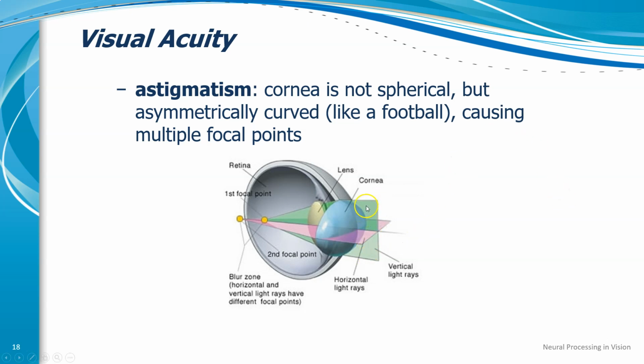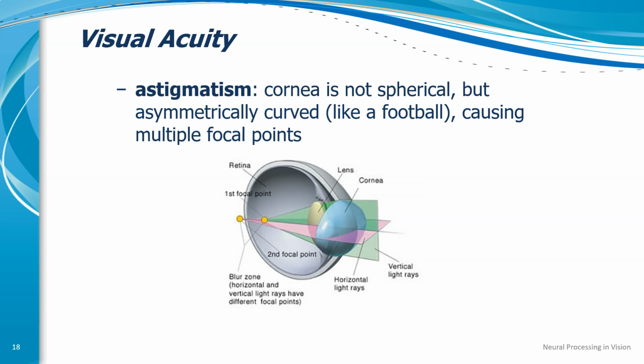The vertical one gets focused here in the middle of the eye. That's going to be blurry. And then the horizontal one, which is the same distance, gets focused behind the eye. That's going to be blurry too. Again, fortunately, they can construct corrective lenses that can help out this problem of astigmatism and make sure everything is in sharp focus.